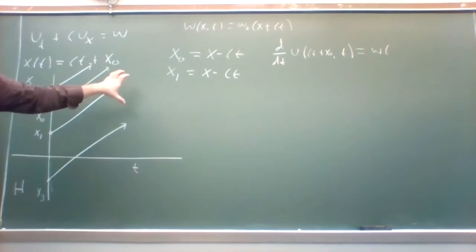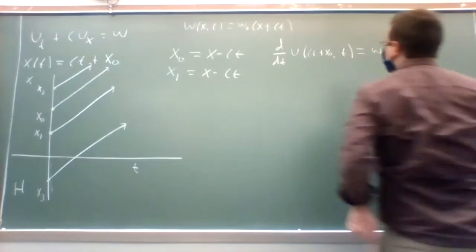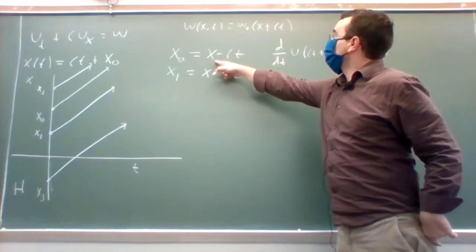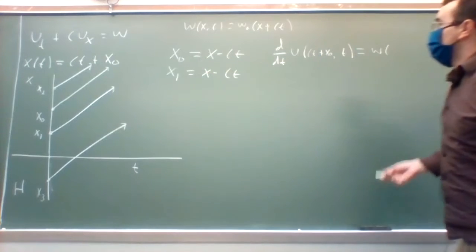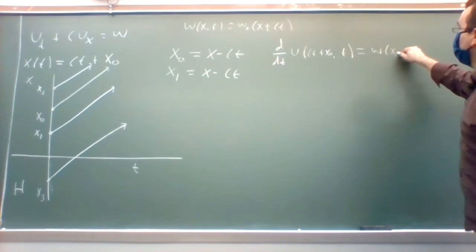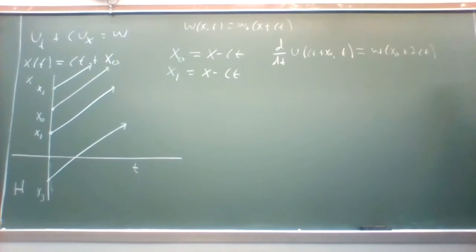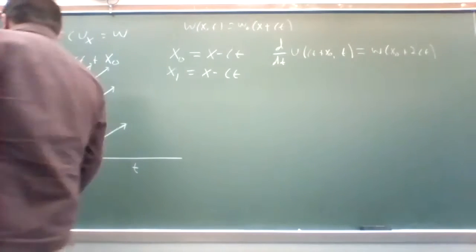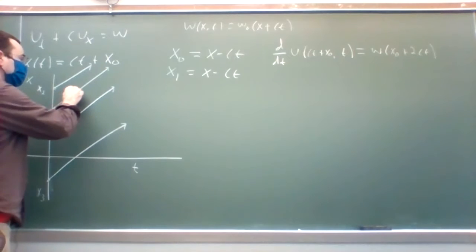So, picking up sort of where we were, when we plug in x equals ct plus x naught, we of course get x naught plus 2ct. So we ended up with that equation. And this is now an ODE on the following line that I put in pink.